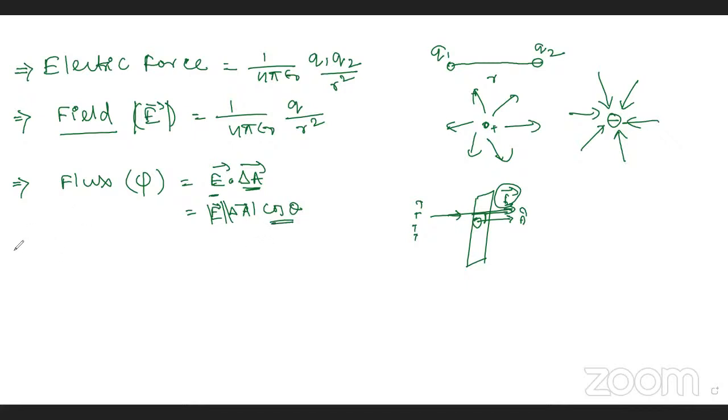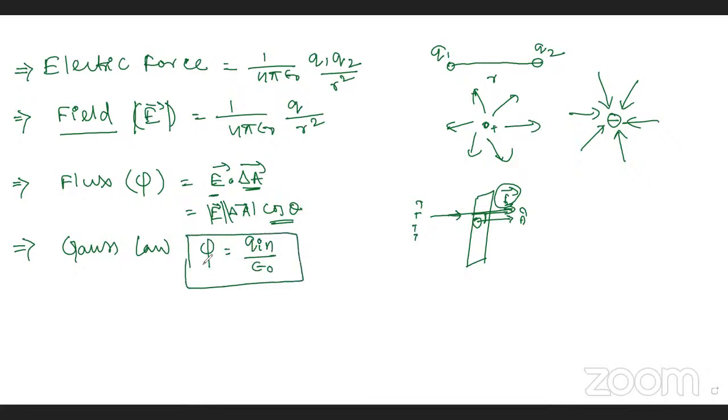So we have discussed flux. We have also discussed Gauss law in this chapter. So what is Gauss law? Gauss also told about flux, that it is Q inside by epsilon naught. This is your flux.